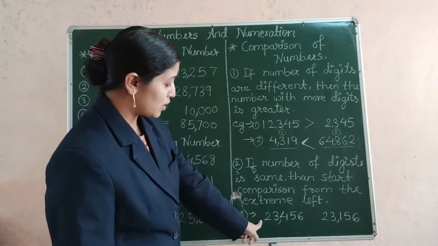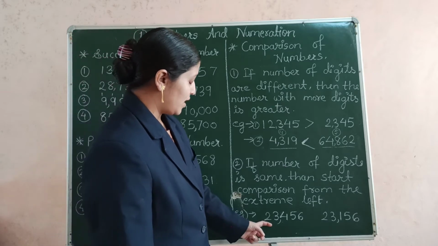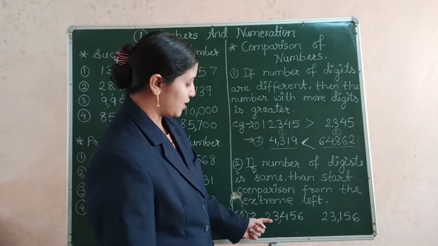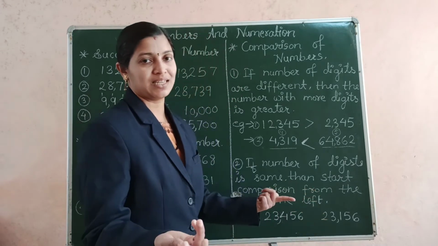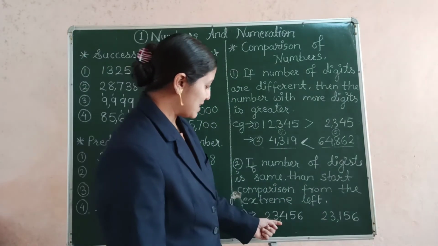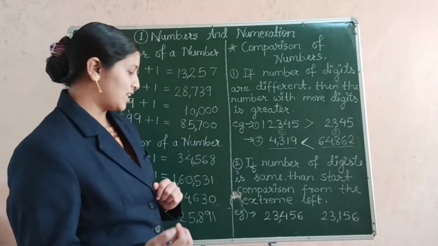Left side of the number means from this side. In the extreme left here we have 2, and in this number we also have 2. So it is equal. The next number is 3 and here also we have 3. So it is again equal.